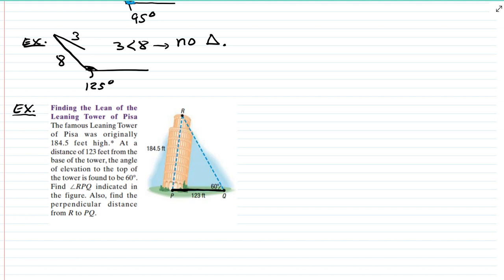From the base of the tower, the angle of elevation we're given, we want to find the angle RPQ. That would be this angle, RPQ, indicated in the figure. Also find the perpendicular distance from R to PQ. That is this distance we want to find. Call that H.